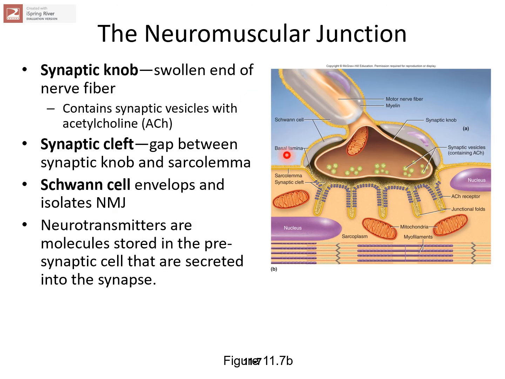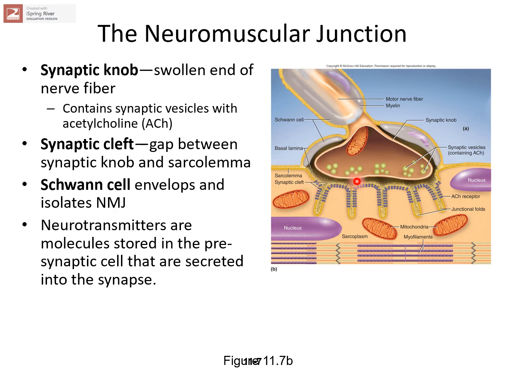If you look at this picture, you see the neuromuscular junction. This is the nerve ending, and this swollen end is called the synaptic knob. Right over here is the muscle cell, and you can see that the nerve is not directly attached to the muscle cell.